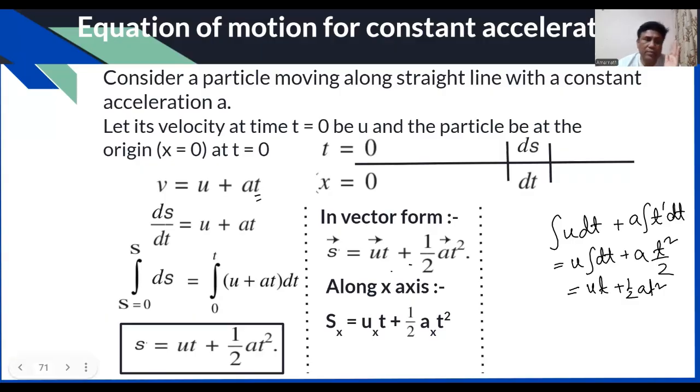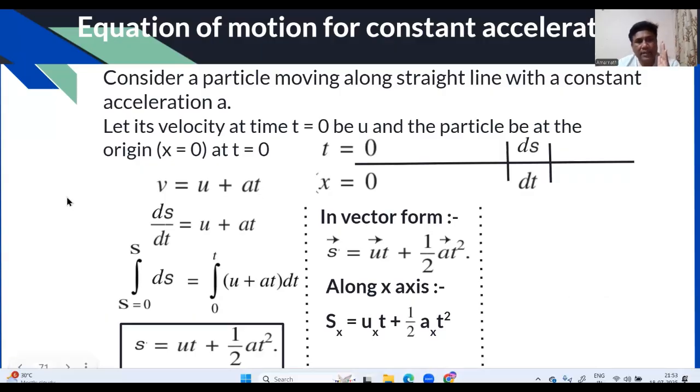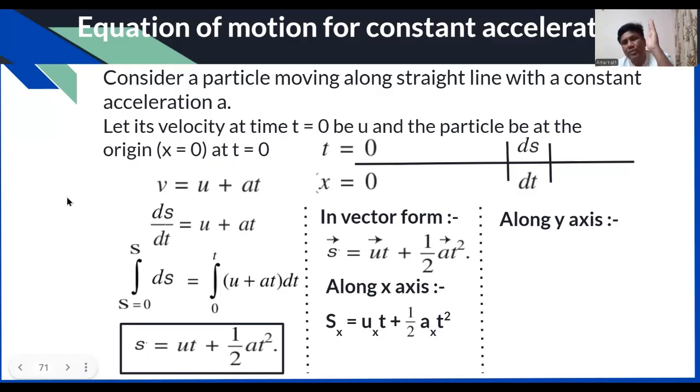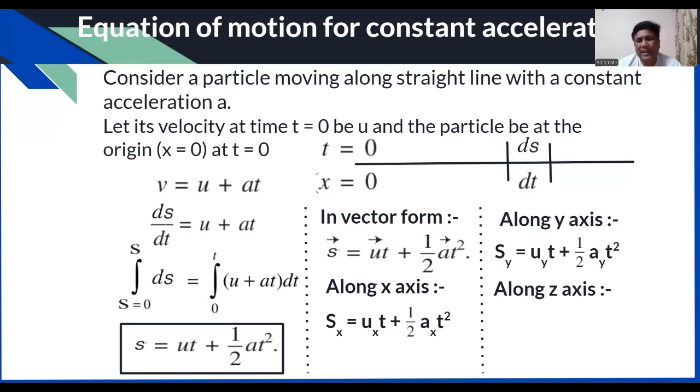Similarly, sy will be uyt plus half ayt square. Or if it is going along the z-axis also, it will be sz equals uzt plus half azt square. They are similar only. If you understand one thing, the other will automatically be understood.